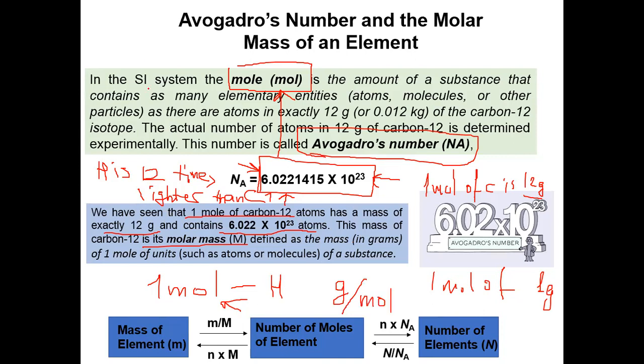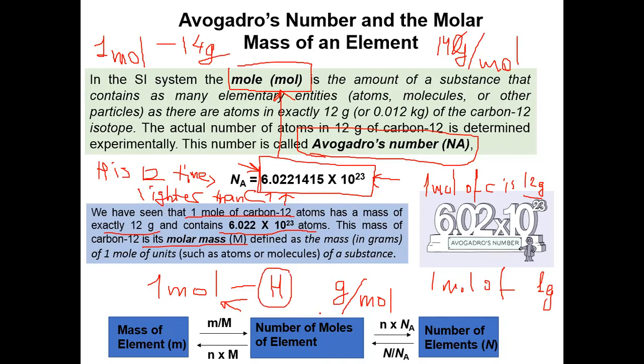So if the mass of 1 mole of nitrogen is 14 grams, it means that the molar mass of nitrogen is 14 grams per mole. So this is the hydrogen atom, right?